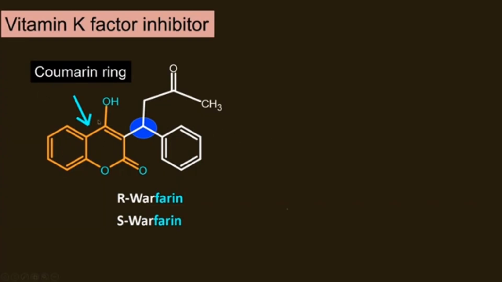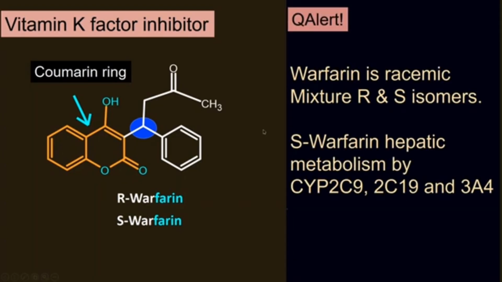However, S-warfarin has more extensive metabolism in the liver, as a substrate of 2C9, 2C19, and 3A4. Because of that, warfarin is known to have lots of drug interactions. This is one of the highest drug interaction drugs, so that is a highly potential expected question.